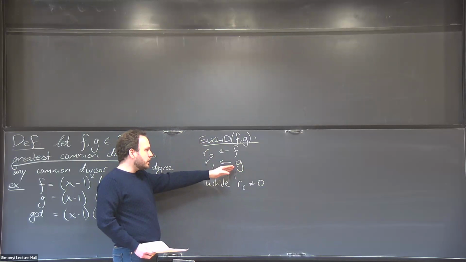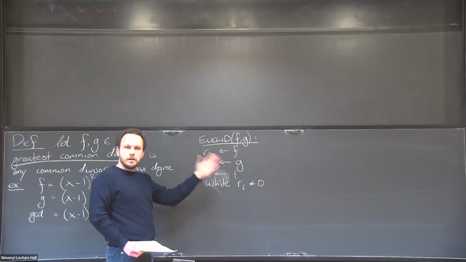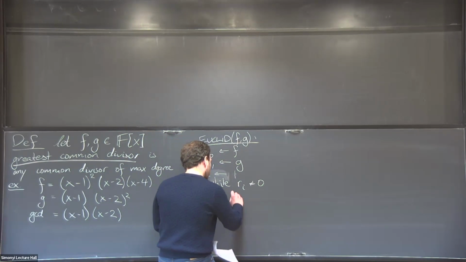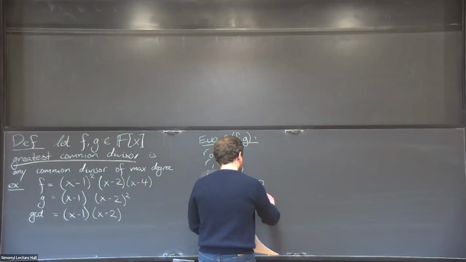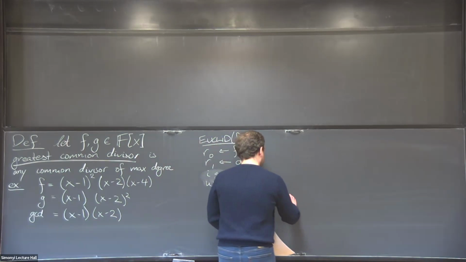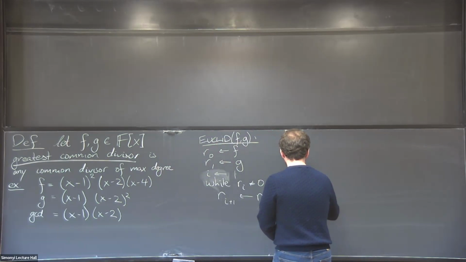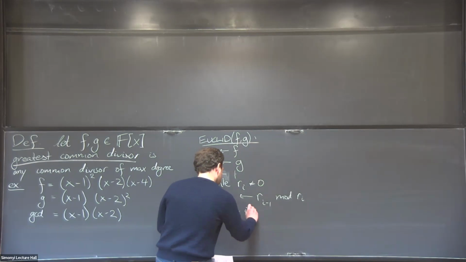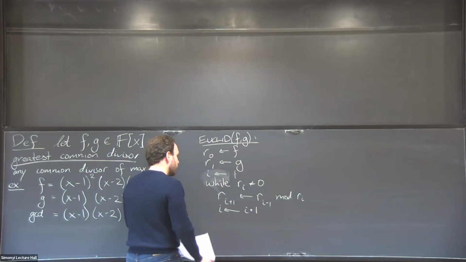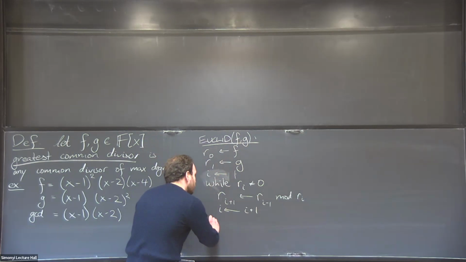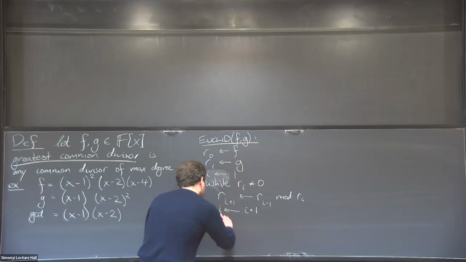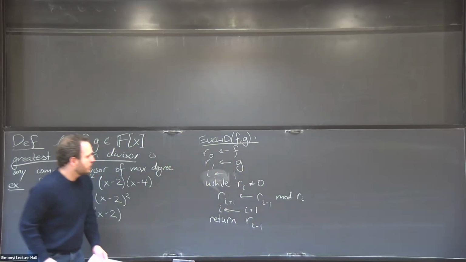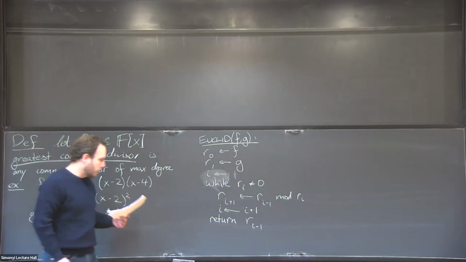We're going to take g, divide it by whatever that remainder was, and continue until we see 0. So in each step of the algorithm, I'm going to write down the remainder of r_{i-1} when you divide it by r_i, and then at the very end, r_i is 0, so whatever the last non-zero remainder we saw was, that's the GCD. This is a very simple algorithm.